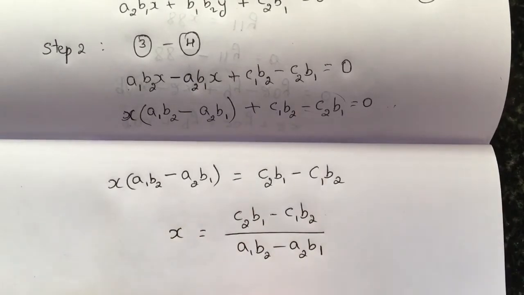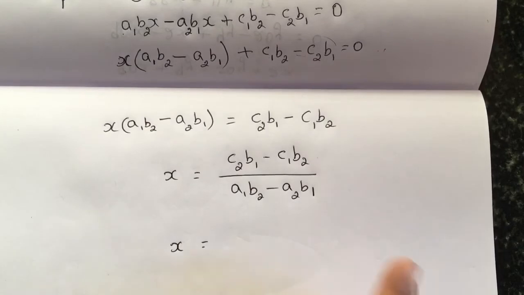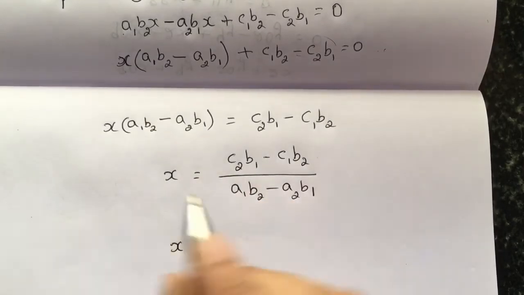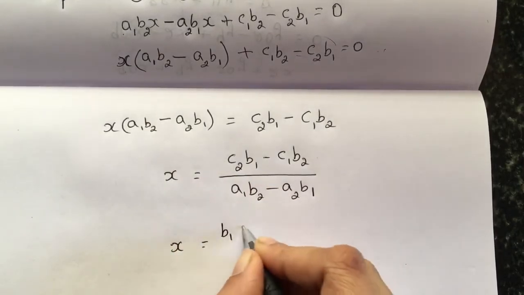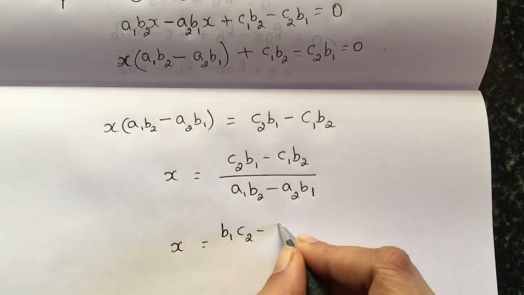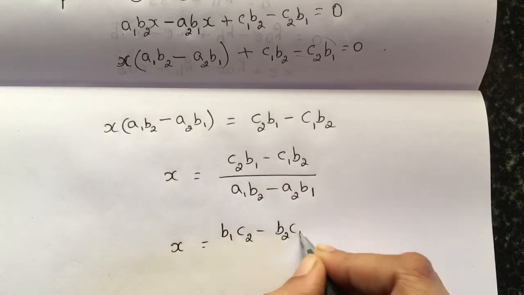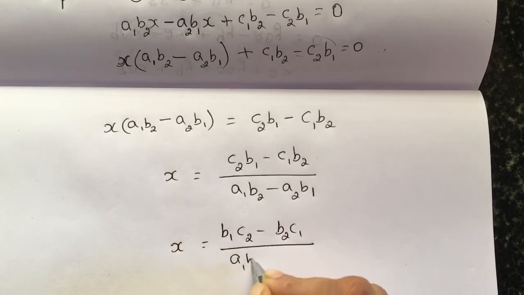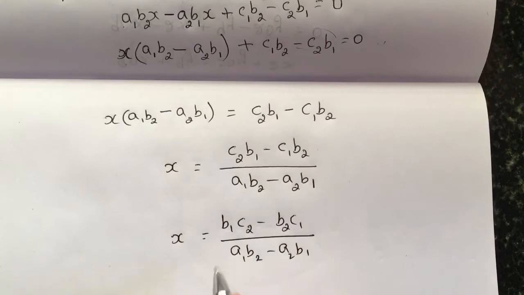The other way also you can write, just to remember it very easily. I'll write the b1 terms first. So b1 c2 minus b2 c1 divided by a1 b2 minus a2 b1. Both are same. Okay, this gives me the value of x.